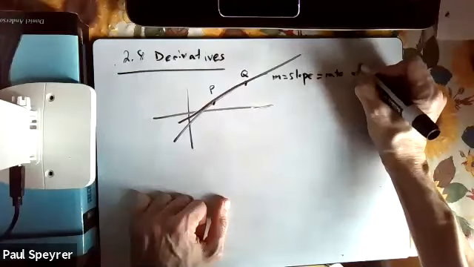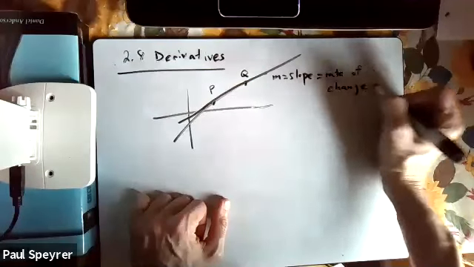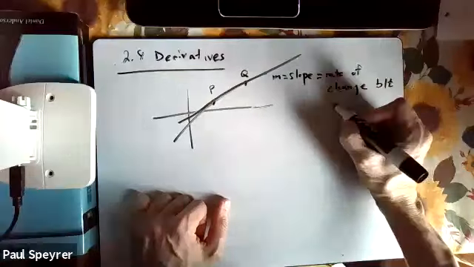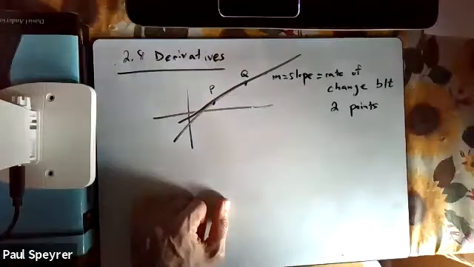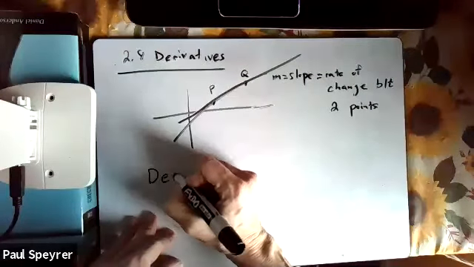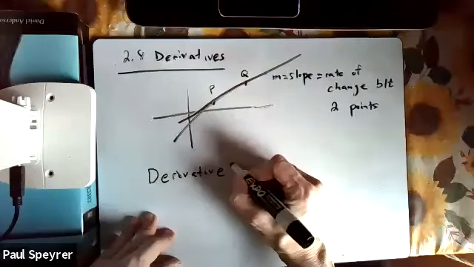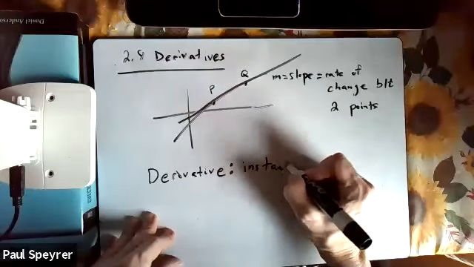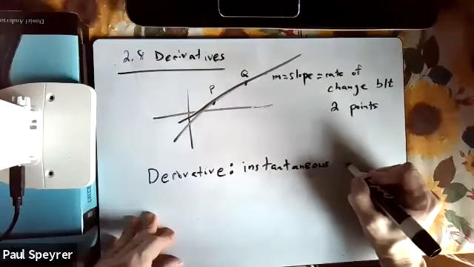Rate of change between 2 points. But derivative means the instantaneous rate of change.